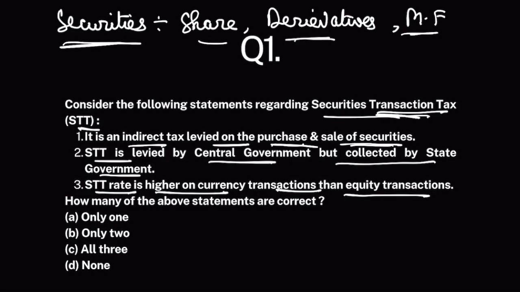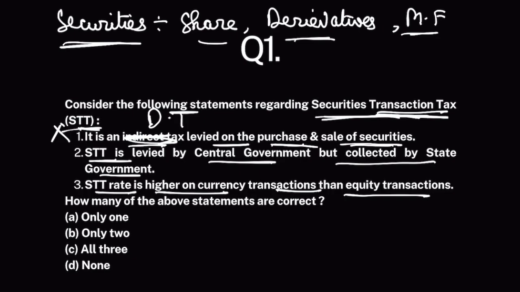Trading of these securities, transactions in these securities, had a tax levied on it. That was known as security transaction tax. Now remember, security transaction tax is a direct tax, not an indirect tax. So this is wrong.